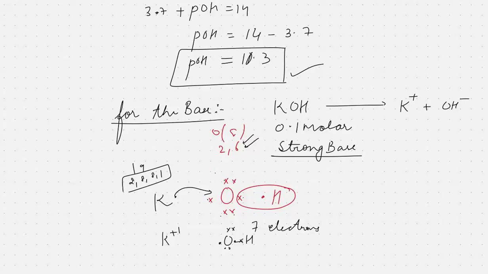But if it already has that charge, what is the water doing to give it that charge? Let's say there is no K plus, it's just OH negative. Then OH negative is attracting water from the positive end, and water is surrounding it.